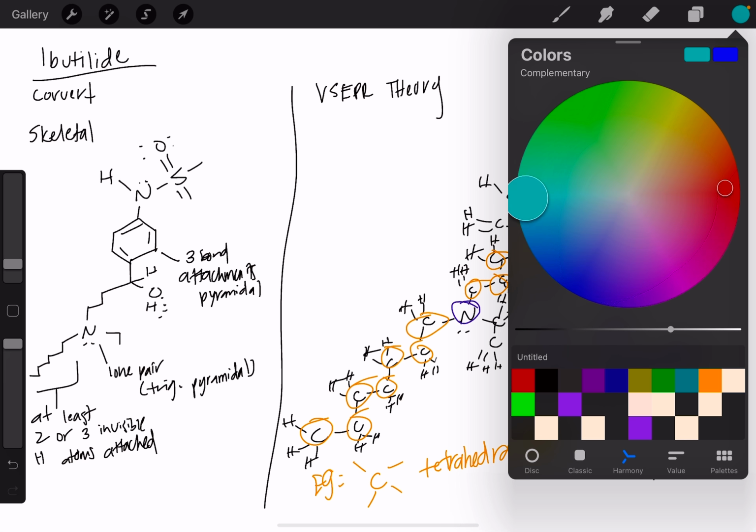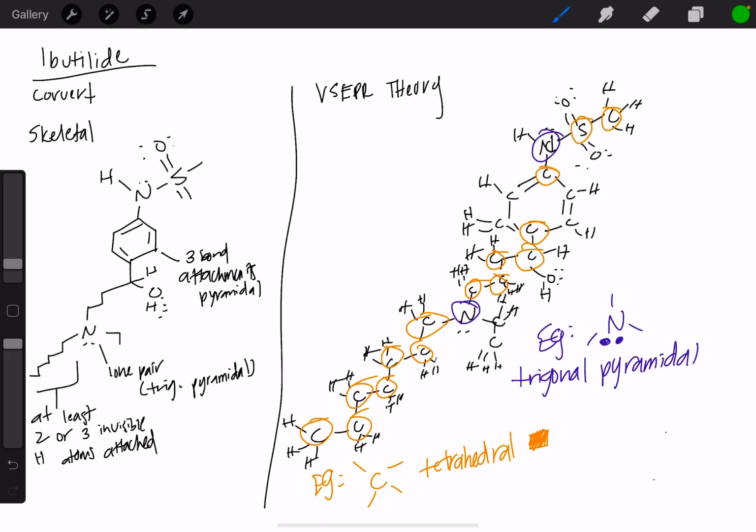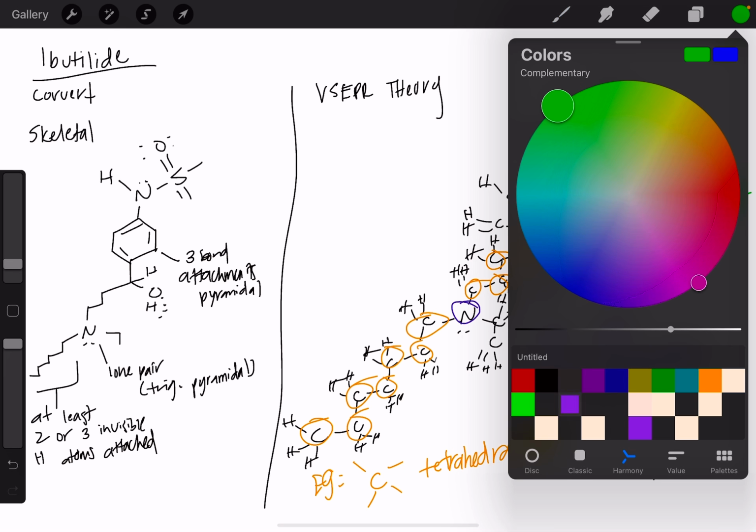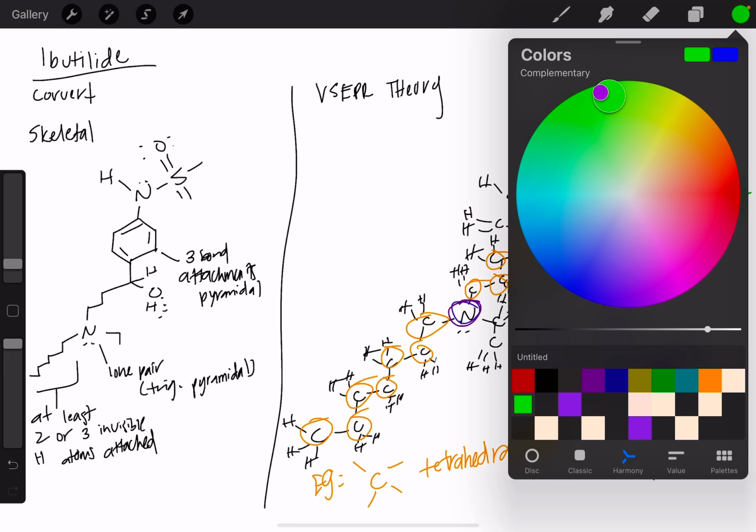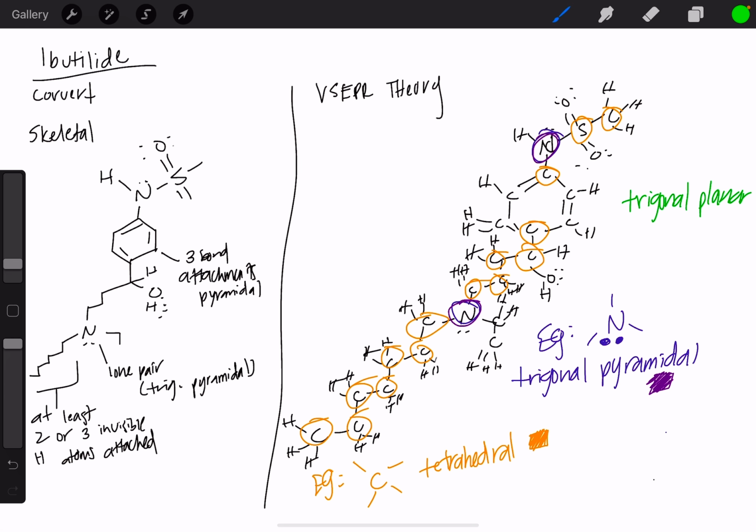Now lastly, trigonal planar. Trigonal planar is going to be over here.